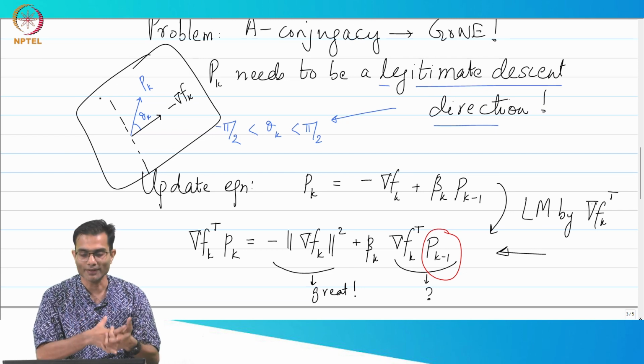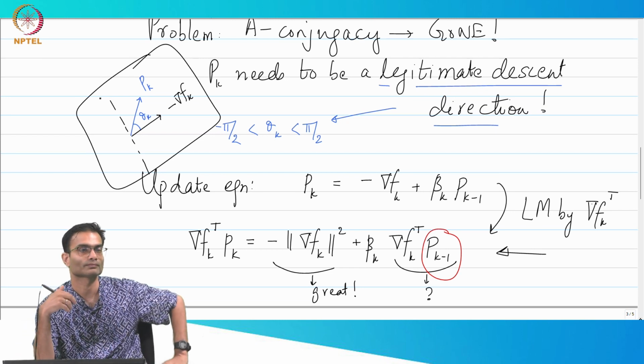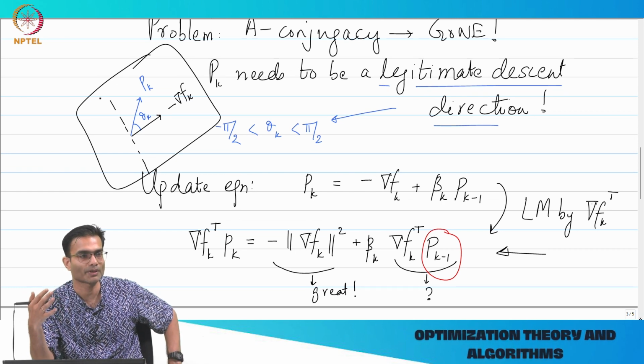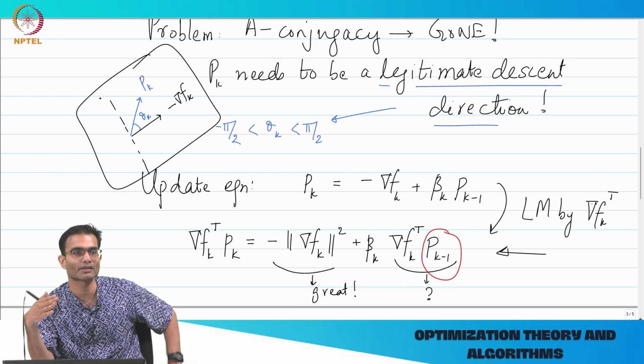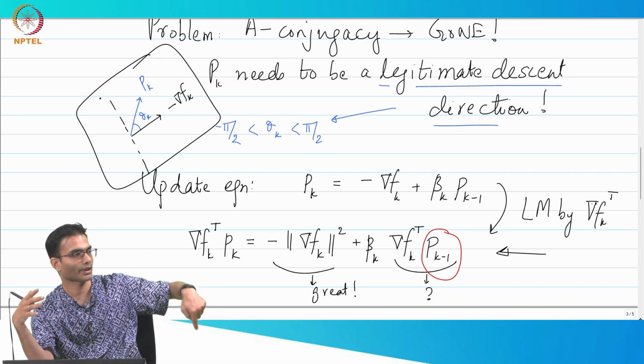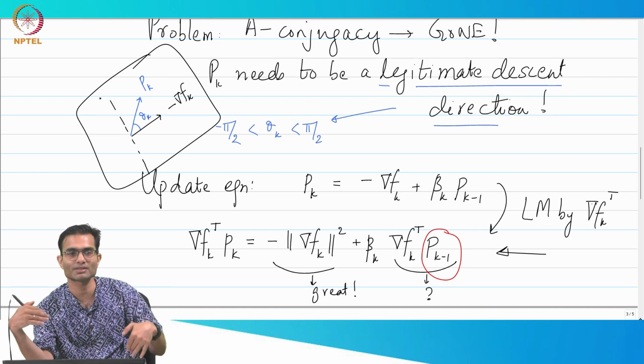If it tends to pi by 2, what's going to happen? I get stuck because I'm not proceeding in a descent direction. I'm going along the contours of the cost function, and so progress is stopped.